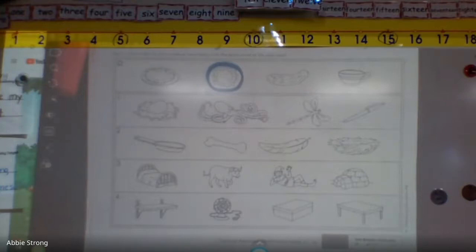Okay, I'm looking for a silent signal for when you have your picture circled that starts like ever.